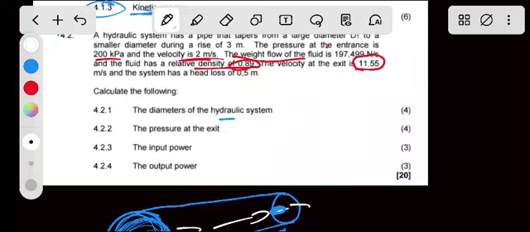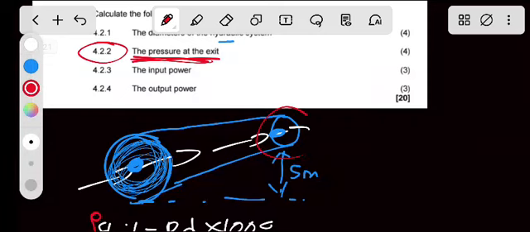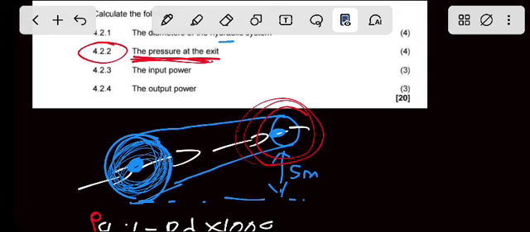So here we see the pressure at the exit. We want the pressure here. What will help us there is Bernoulli's equation. Anyways, there is no other way, you can't go around Bernoulli's equation.